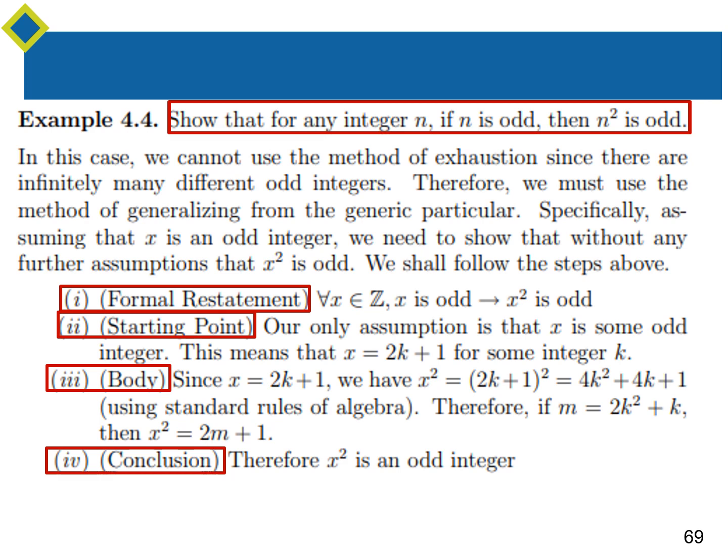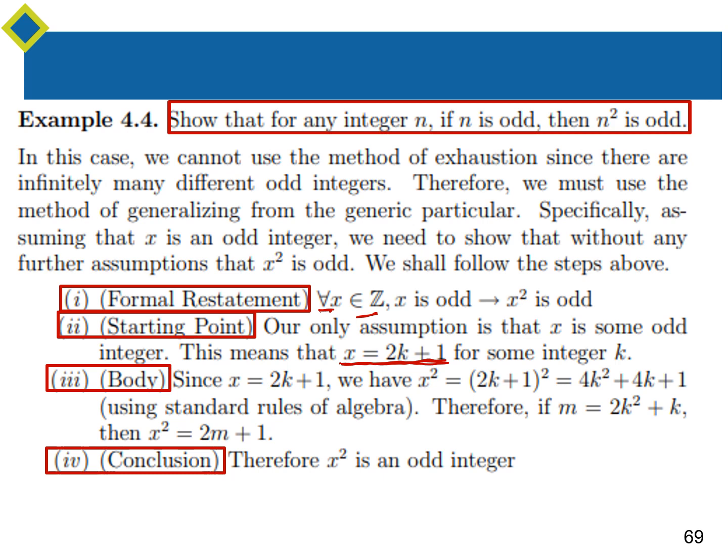For each x a member of the integers, if x is odd, then x squared is odd. That is from informal to formal. Second one, the starting point. Our assumption here is that x is some odd integer. So we use the definition of odd: x = 2k + 1.